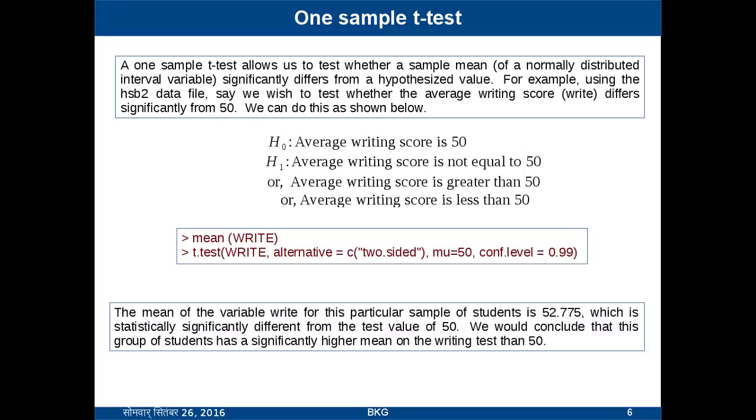For example, in our HSB2 data file, we can test whether the average writing score of the respondents differs significantly from 50. So our null hypothesis is set as average writing score is 50.